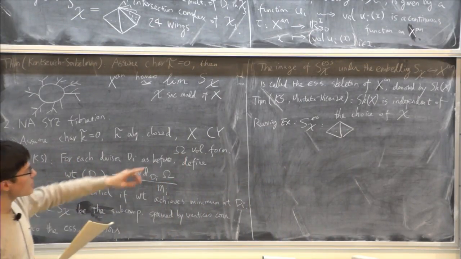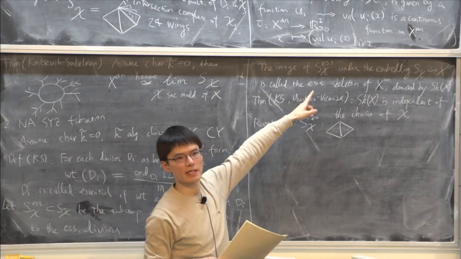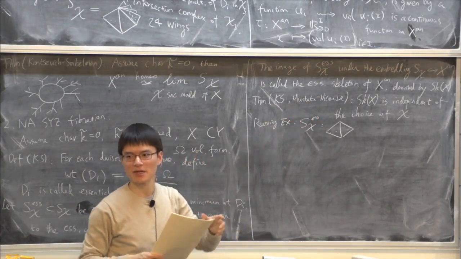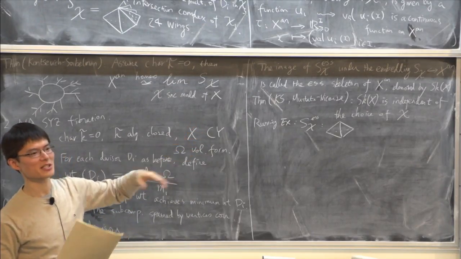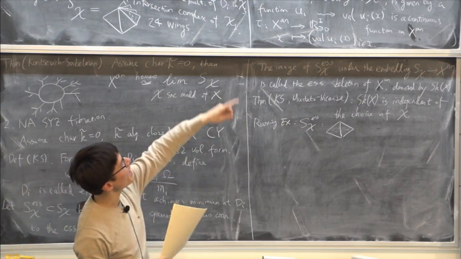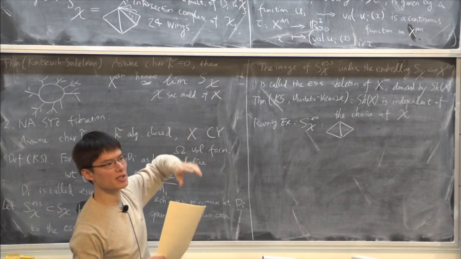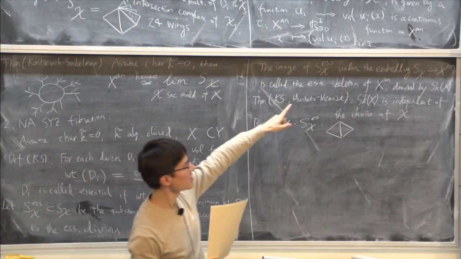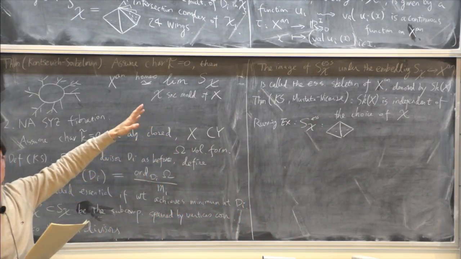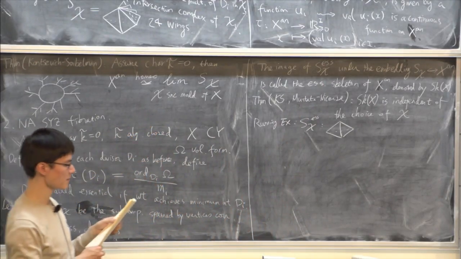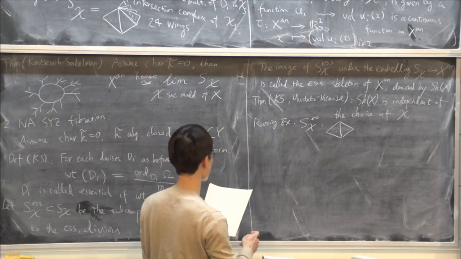So this essential skeleton will be the base of our non-Archimedean SYZ fibration, but we do not yet have a retraction map. We had a retraction map to the Clemens polytope, but not yet to the essential skeleton.